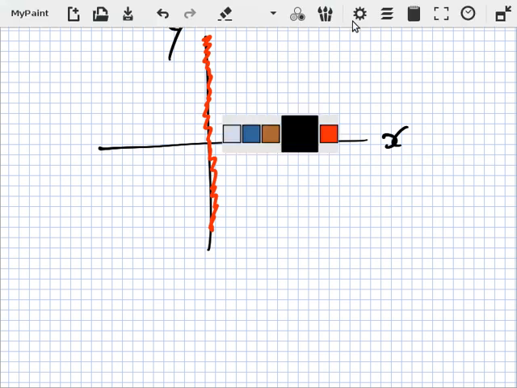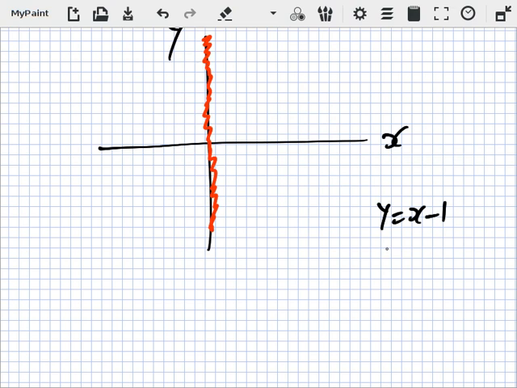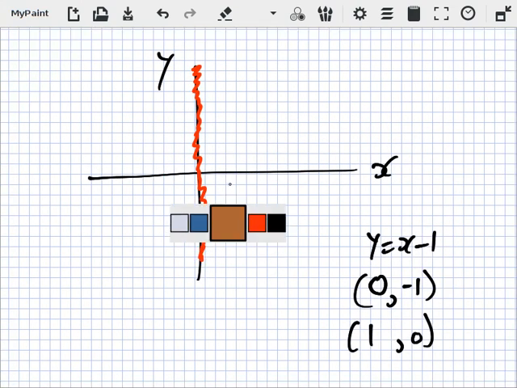Okay. So y equals x minus 1. When x is 0, y is minus 1. And when y is 0, x is 1. So that line will be 0, minus 1 and then 1, 0.